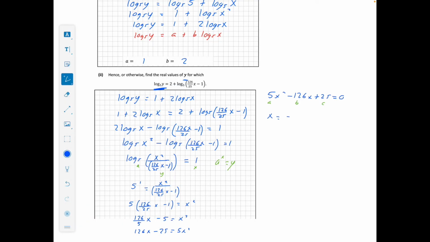This is my a, my b, and my c. And your minus b formula is at the front of your formula book. So we have x is equal to minus 126 plus or minus square root of minus 126 squared minus 4 by a by c all over 2a.